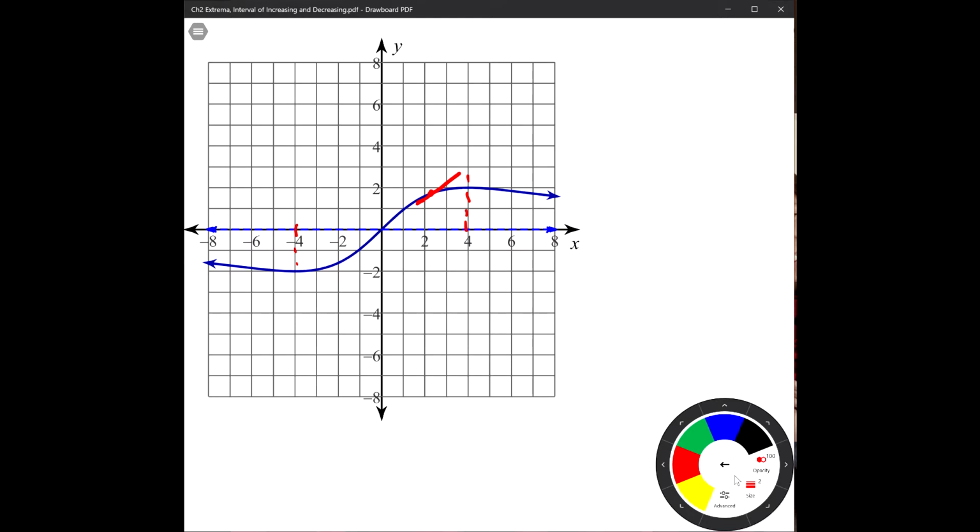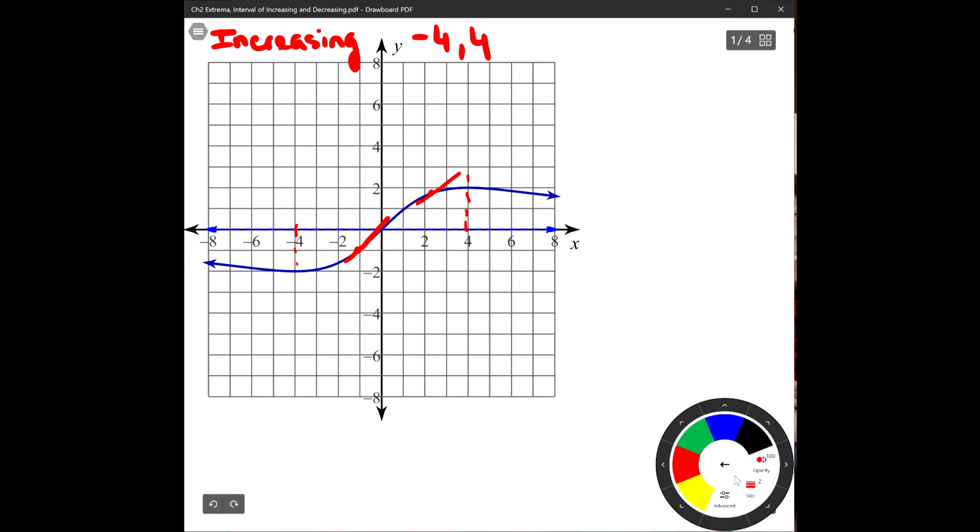I can choose another point right here, draw a tangent line, and my tangent line also has positive slope. So with an interval from -4 to 4, I will have increasing. So the increasing interval will be -4 and 4.